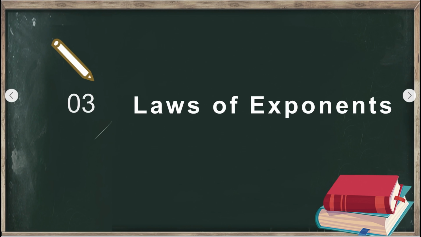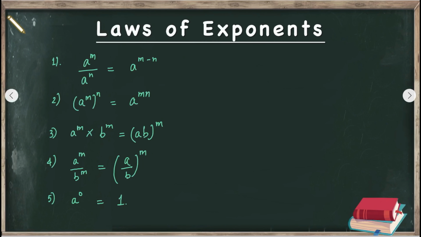Next is laws of exponents, which are very important. Let's understand these. We have a total of 5 laws of exponents, in which the first one is: if there is a number a having power m divided by the same number a having power n, we can write this as a power m minus n.